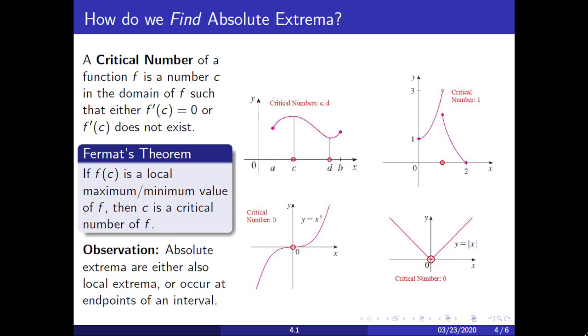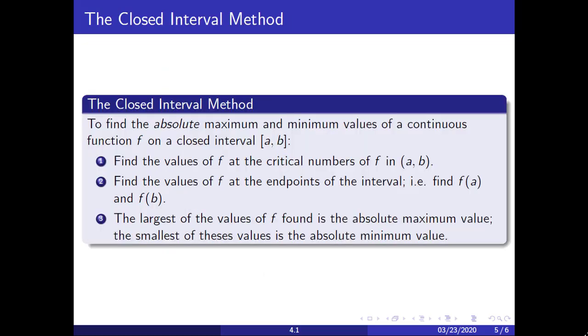This provides us with the following method of finding absolute extrema, which we will call the closed interval method. So, to find the absolute maximum and minimum values of a continuous function f on a closed interval from a to b, we do the following. First, we find the values of f at the critical numbers of f in the open interval from a to b.